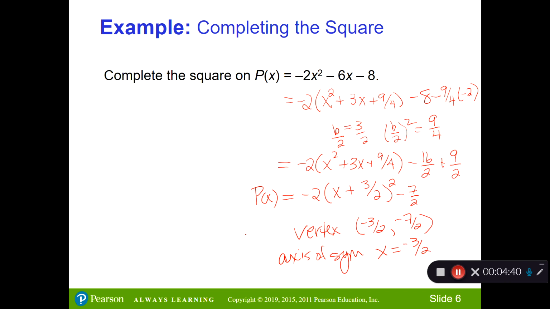I also know because of this negative out front, it opens down, and because this 2 is bigger than 1, it's narrower. Okay, let's graph it with that information.